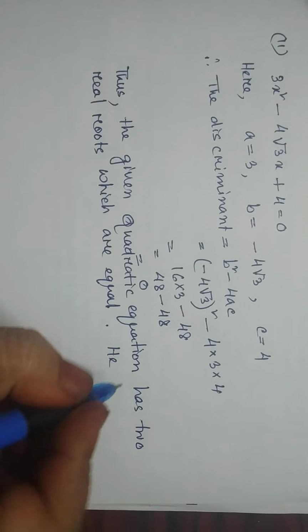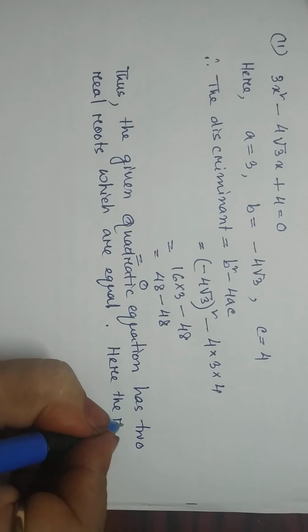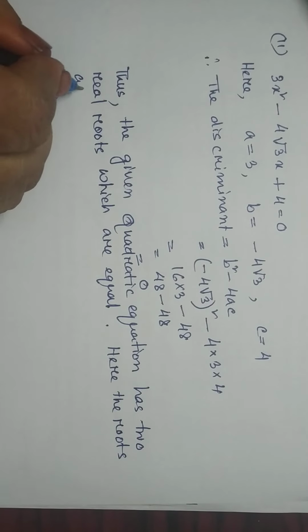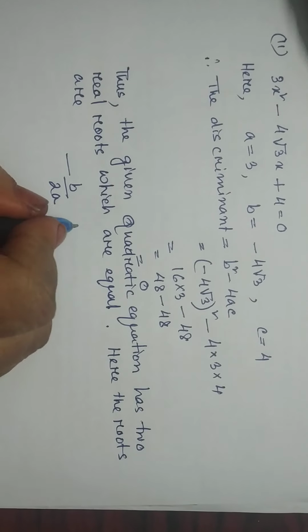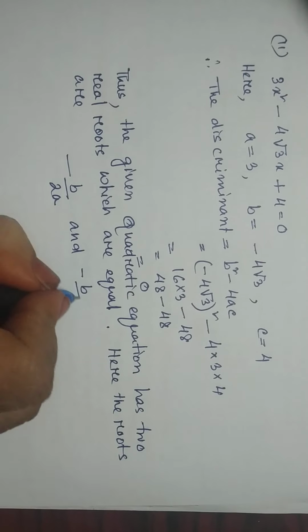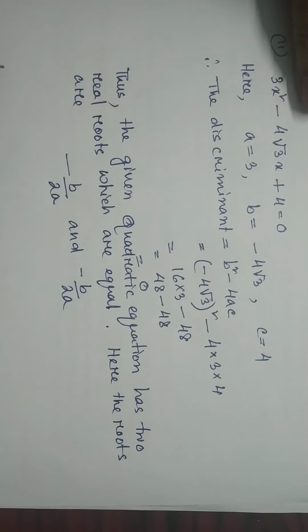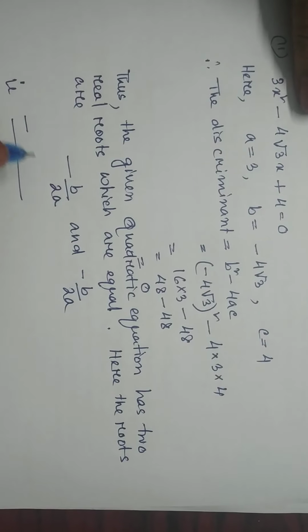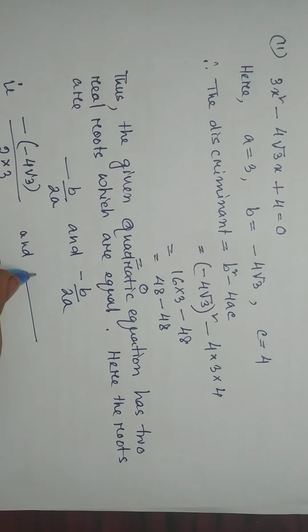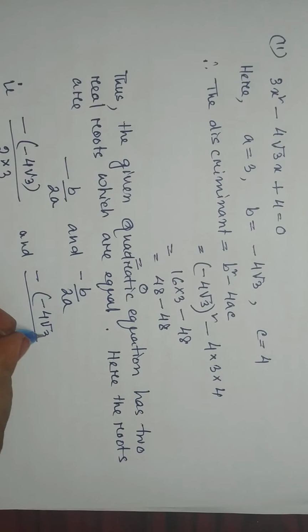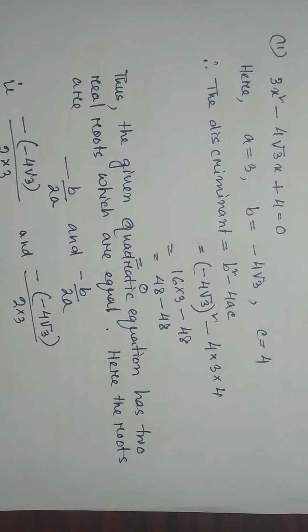Here the roots are minus b by twice a and minus b by twice a. That is, minus b means minus of minus 4 root 3 by 2 into a means 3, and minus of minus 4 root 3 by 2 into 3. Both the roots are equal to minus b by twice a.